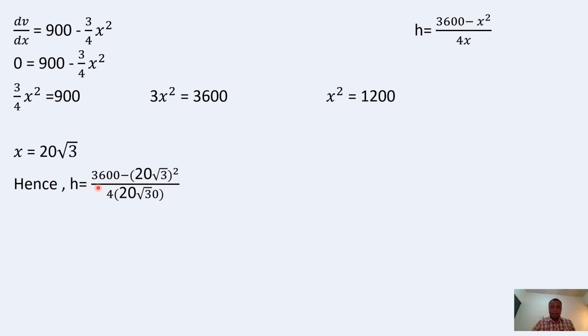That gives us 3,600 minus 20 root 3 squared all over 4 times 20 root 3. And when we simplify this further, we get 10 root 3, which is the dimension for the height.